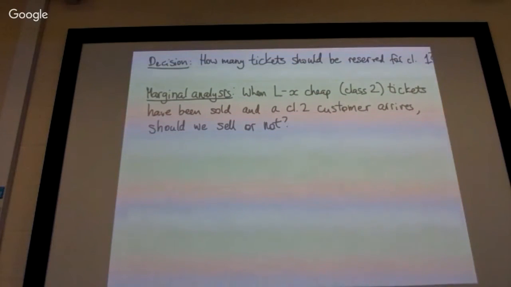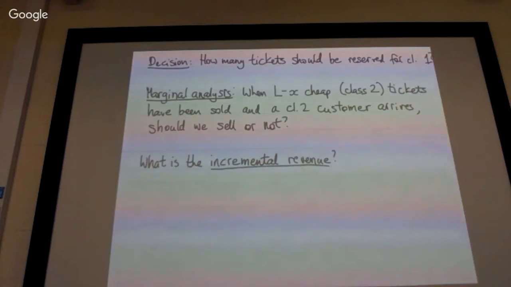Okay, so how much do we make from this? So what is called incremental revenue? I'm not defining incremental revenue. It will be clear when I say what it is.